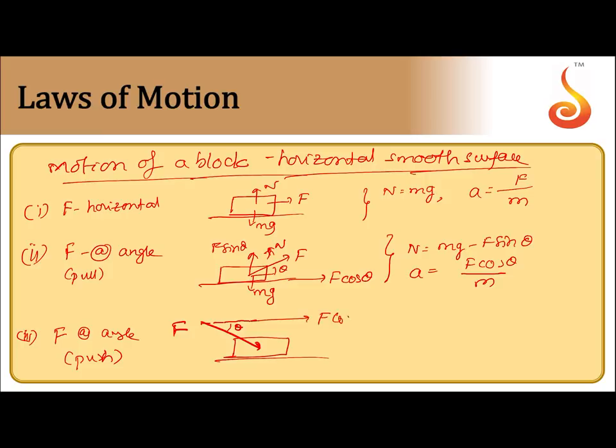This is F cos theta, this is F sin theta, this is mg, and this is N. That's right. So what are all the equations? N is equal to mg plus F sin theta, and acceleration is F cos theta divided by m. So if I consider this case, the motion of a block on a horizontal smooth surface, these are the results.